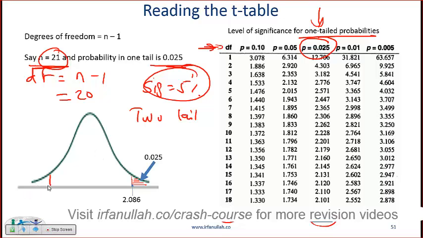So how much will be in each tail then? 0.025 or 2.5% in each tail. So even though the significance is 5%, given that it's two-tailed, you would still look over here, because this 0.025 corresponds to the probability in one tail.